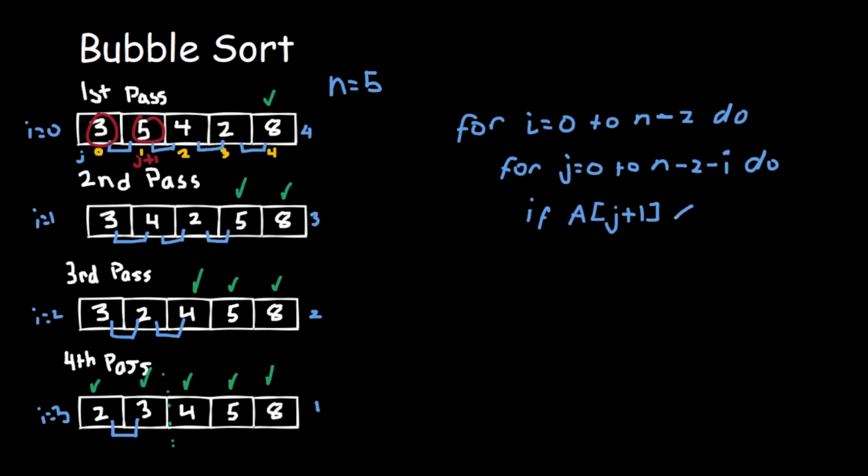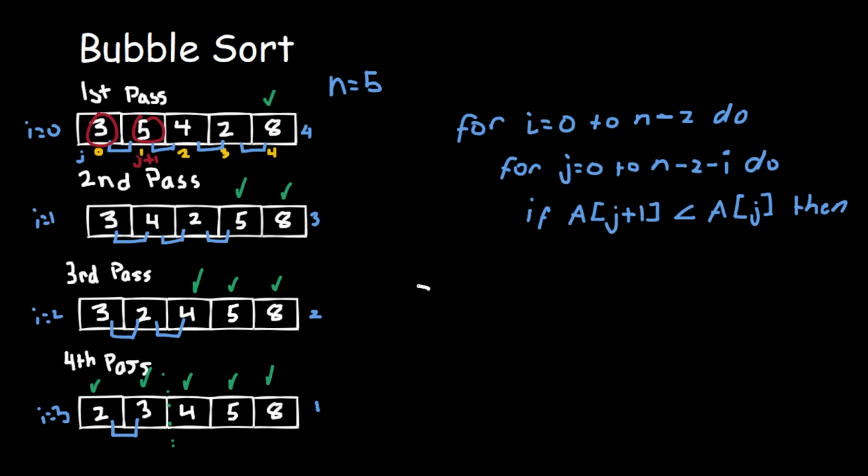We're checking if j plus 1 is less than j. If so, what do we do? We swap them.